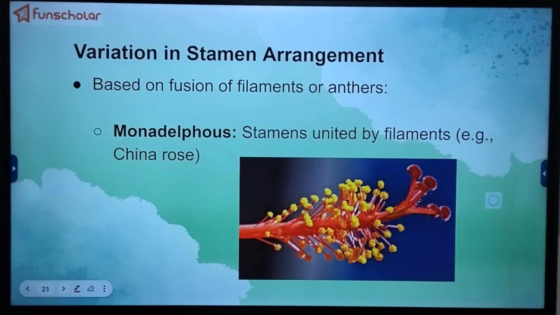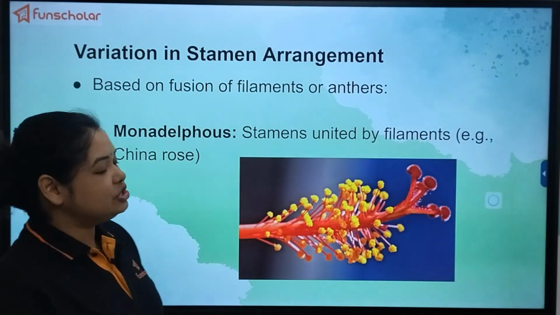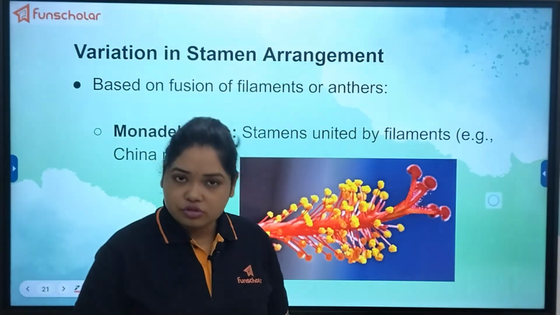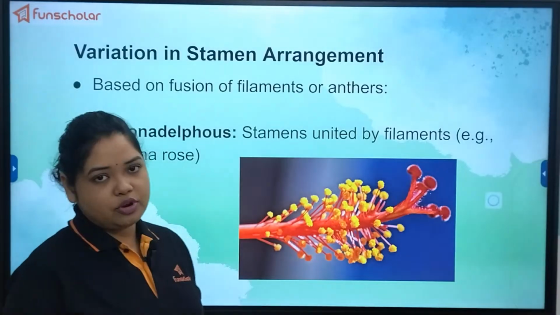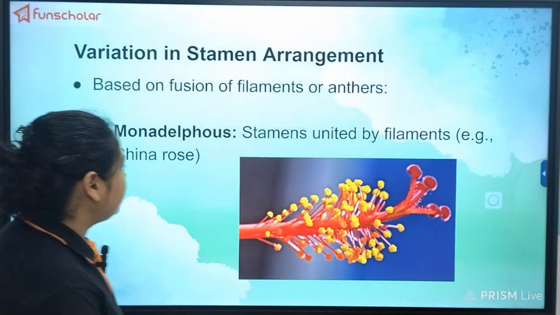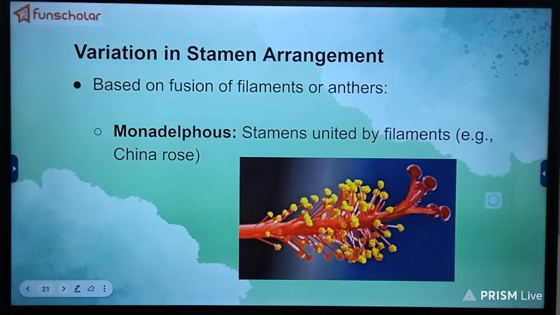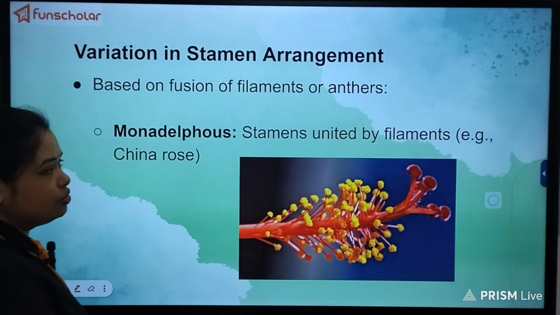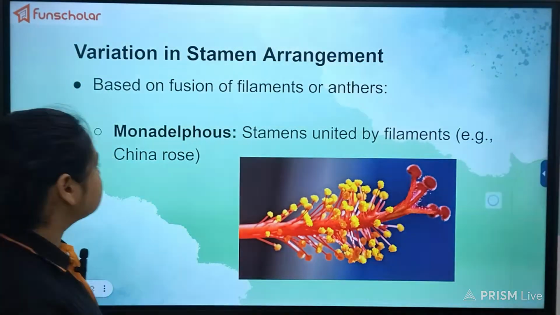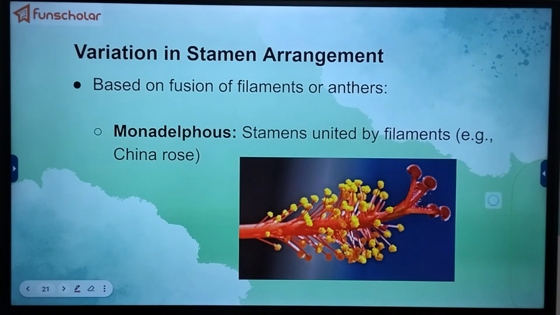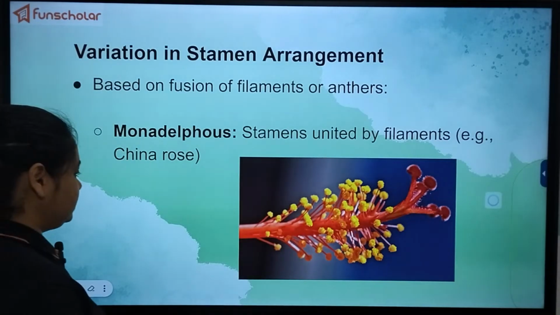Now coming to the variation in stamen arrangement. So stamen, which is the part of the androecium, or the male reproductive part, can also be arranged in different ways. So based on fusion of filaments or anthers, we have categorized stamen into different types. First one is the monoadelphous. In case of monoadelphous, the stamens are united by filaments.